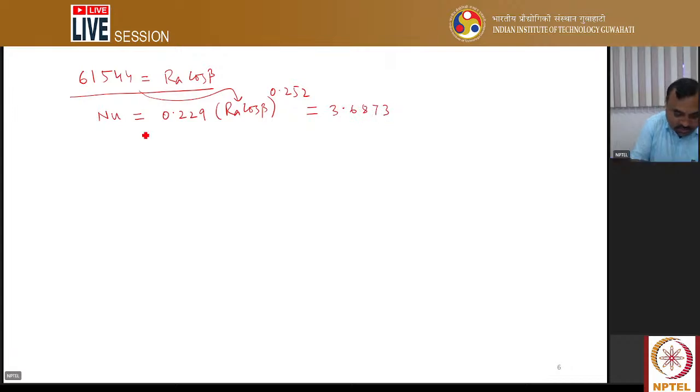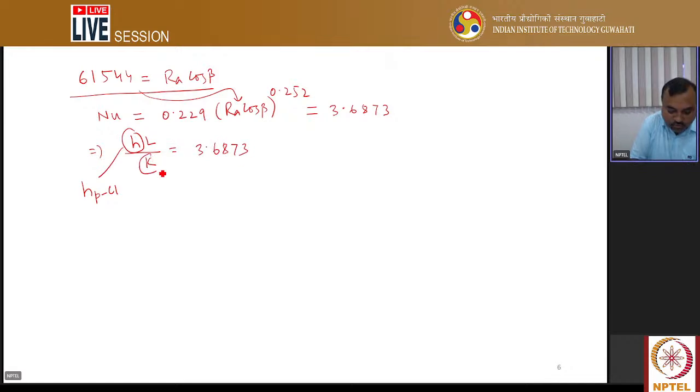3.6873. And we know Nusselt number is HL by K. Here H is nothing but H plate to cover C1, and then it will be 3.6873.